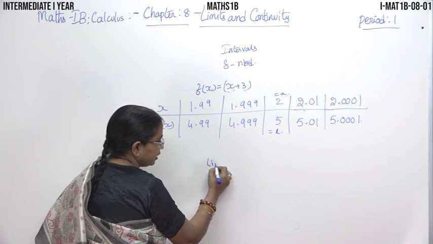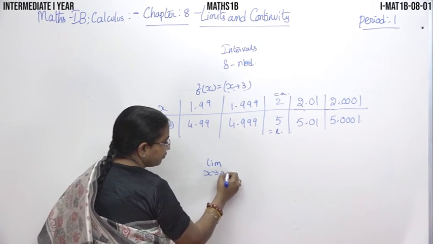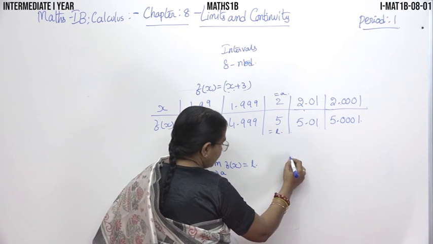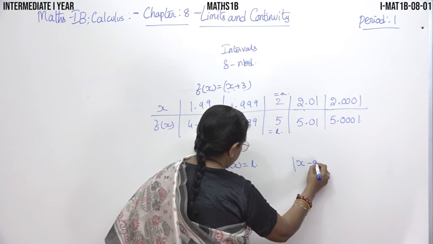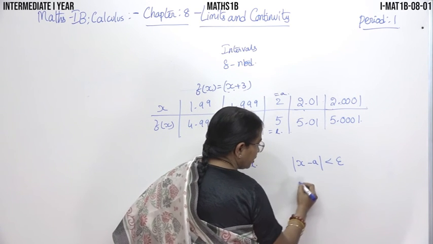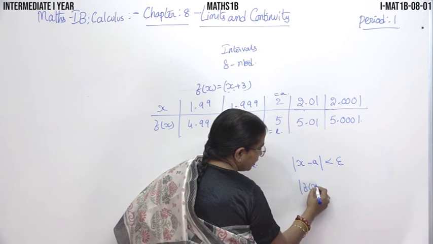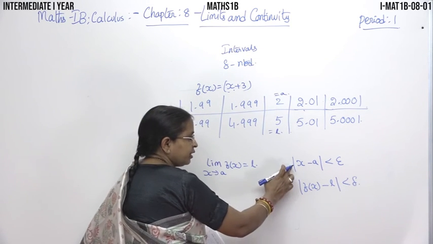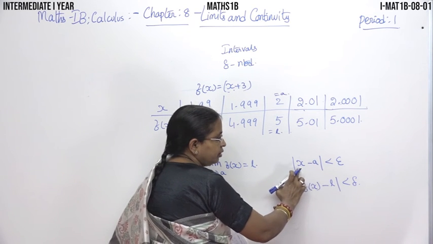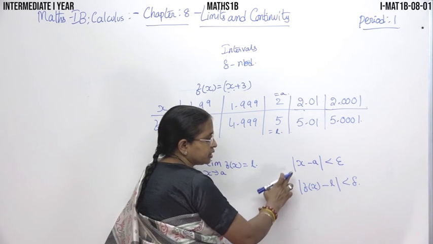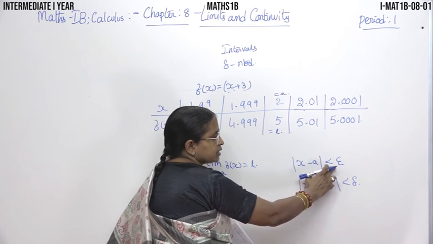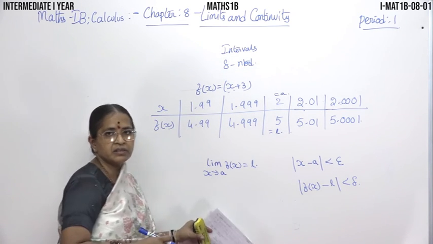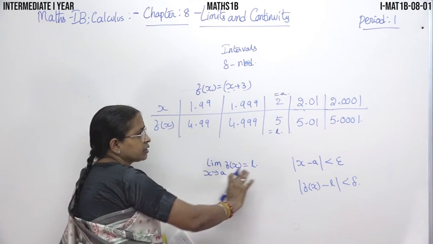So we say like this: limit x tending to a of f of x is equal to L, whenever for every epsilon greater than 0, there exists some delta greater than 0, such that whenever mod x minus a is less than epsilon, modulus of f of x minus L will be less than delta. So this is the actual definition of limit.